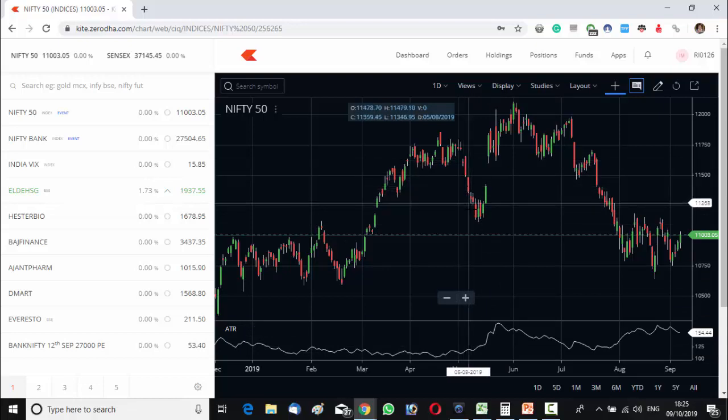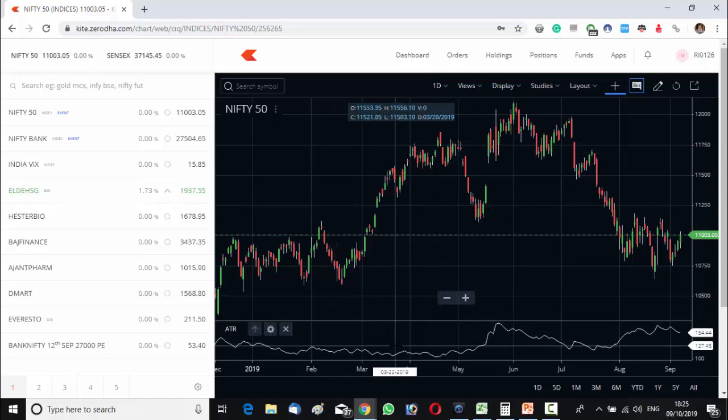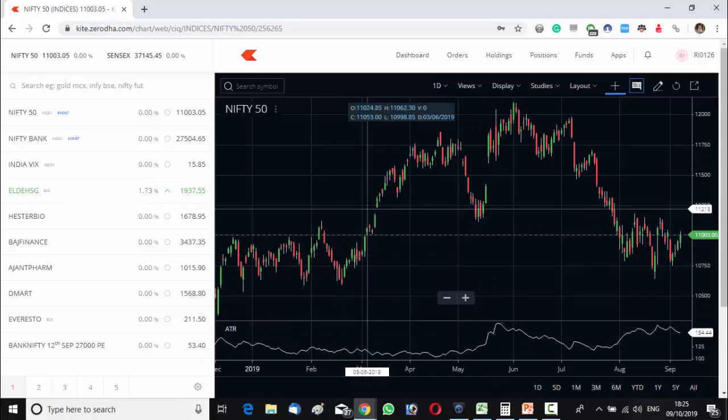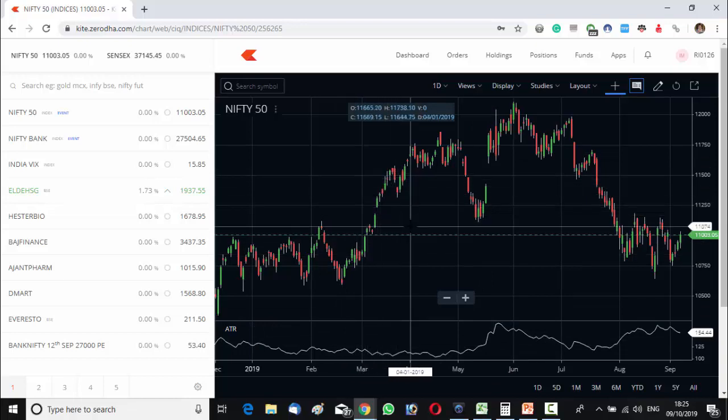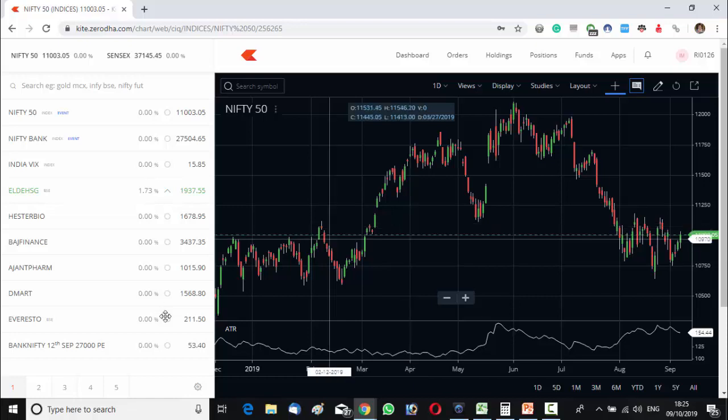This is another big candle, big candle, big candle. All these candles are big. And whenever this ATR is low, you can see the smaller candles are happening. All these candles are smaller candles. So whenever ATR indicator is low, the volatility is low, and whenever the ATR indicator is high, the volatility is also high. So ATR is basically a volatility indicator.